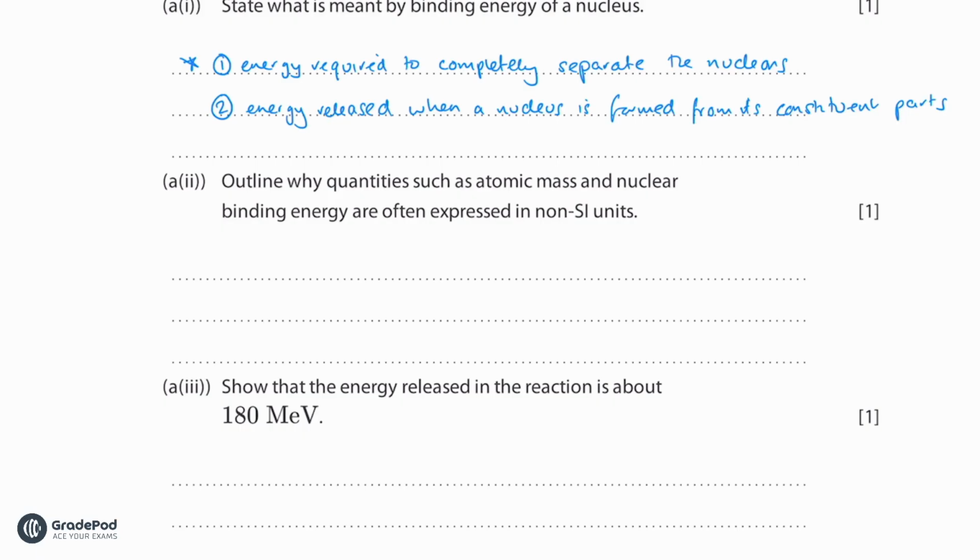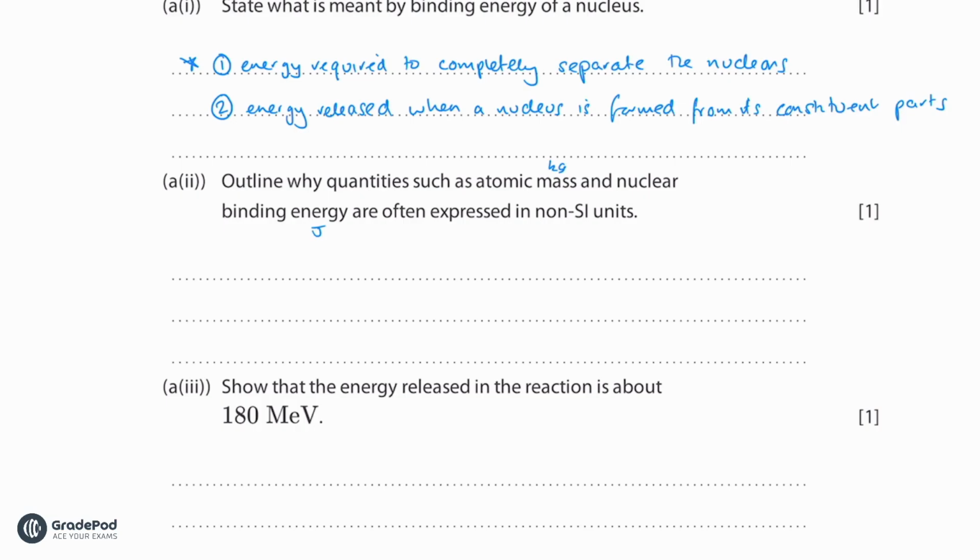A2. Outline why quantities such as atomic mass and nuclear binding energy are often expressed in non-SI units. The SI unit for mass is kilograms, and a derived SI unit for energy is joules.